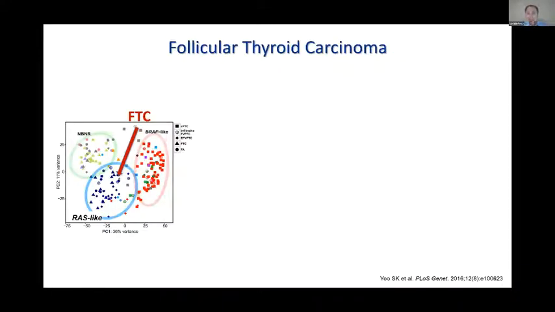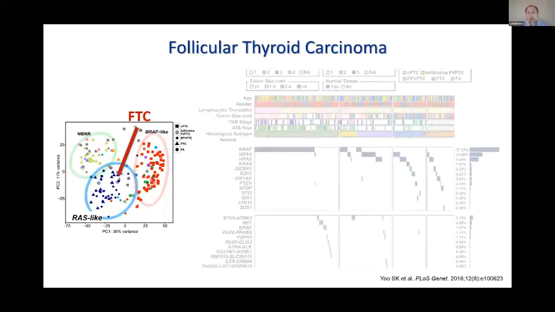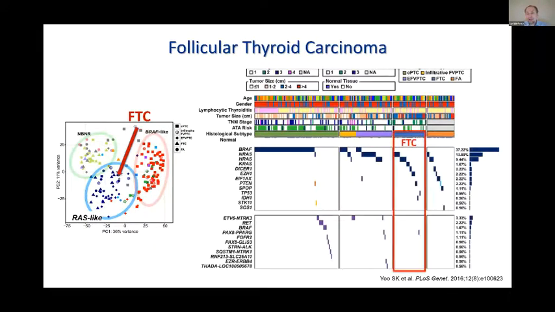What about follicular thyroid carcinomas, the second most common class of thyroid cancer? They are RAS-like, obviously, because they are follicular. And if one looks at the follicular thyroid carcinoma molecular profile, it lacks BRAF mutation and is dominated by RAS and RAS-like molecular alterations, either mutations or gene fusions.